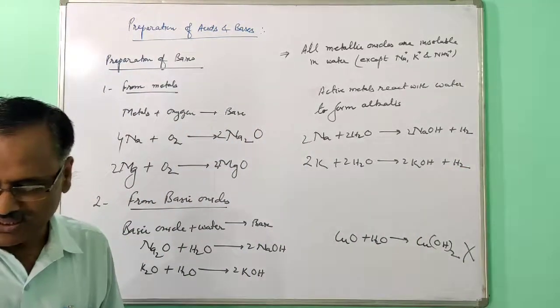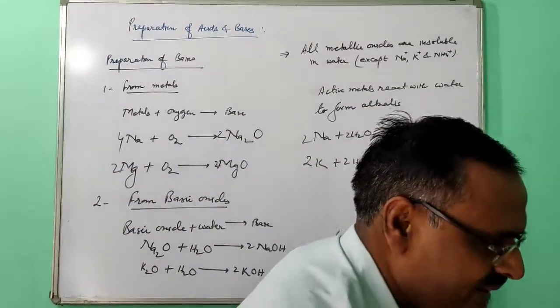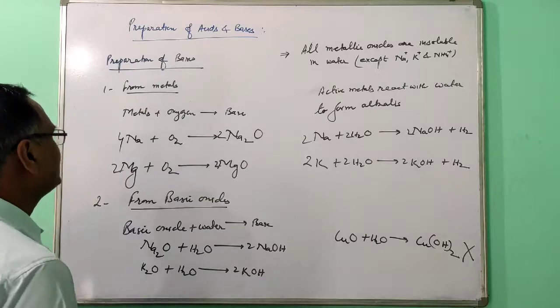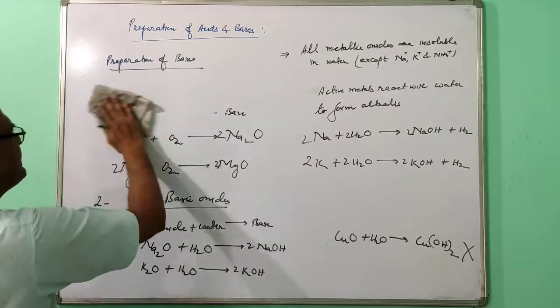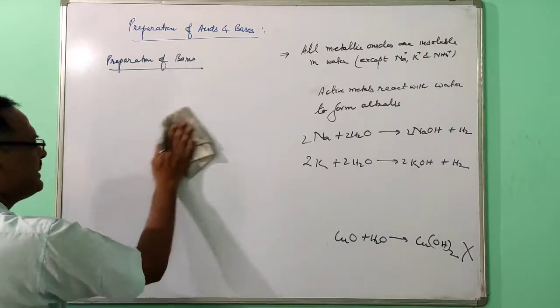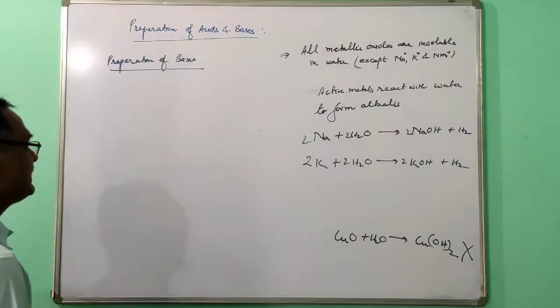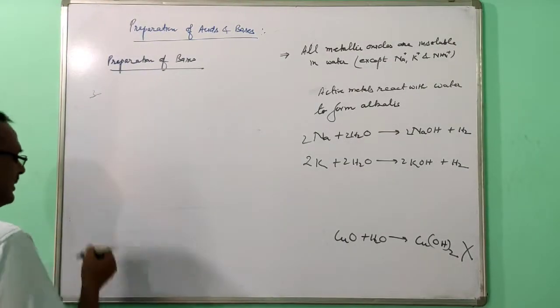So first two methods we studied. Next one is from salts. This third method, here also third and fourth methods are important, as in the previous one you have seen. Third method: from salts.